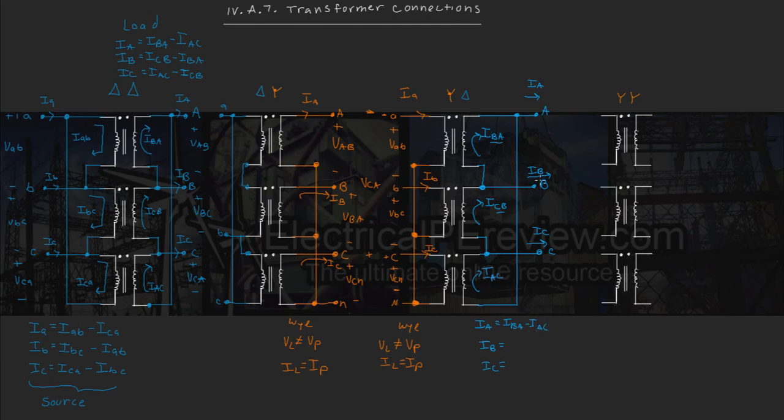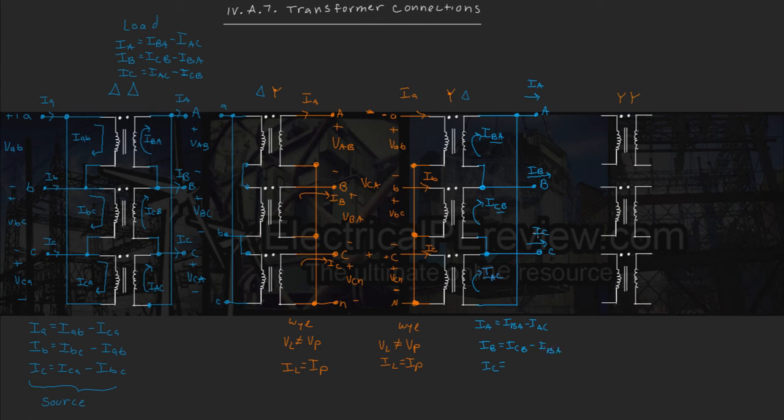For load line current IB, we're going to have IB is going to equal our phase current ICB entering the node minus our phase current IBA leaving the node. So IB is going to equal ICB entering the node minus IBA leaving the node.